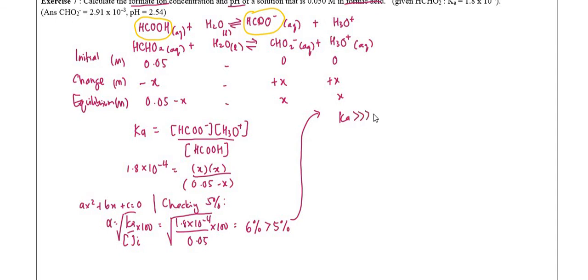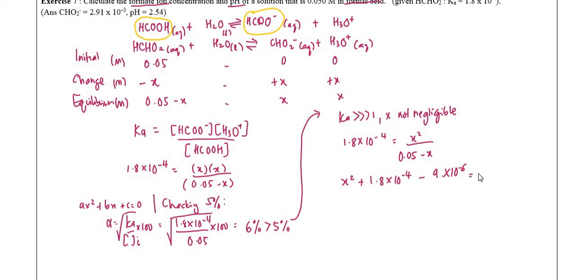X is not negligible. So you write the expression again with the exact value, but this time 0.05 minus X, you have to expand it to become quadratic.